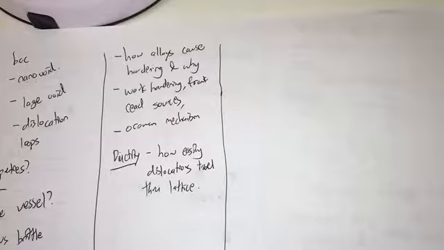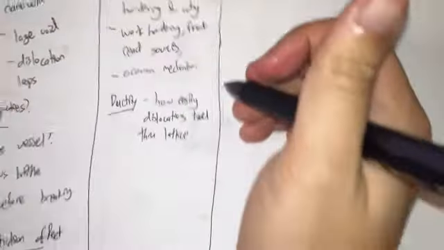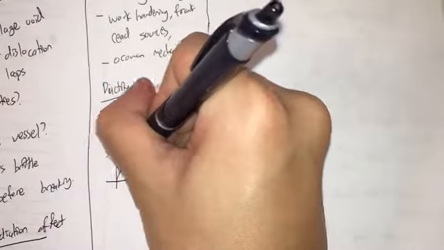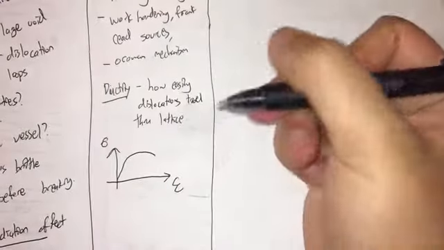Some of the prerequisite knowledge here is described already. So our stress strain curve, normally when you harden a material, let's say you have a ductile material like that. So this is stress versus strain.